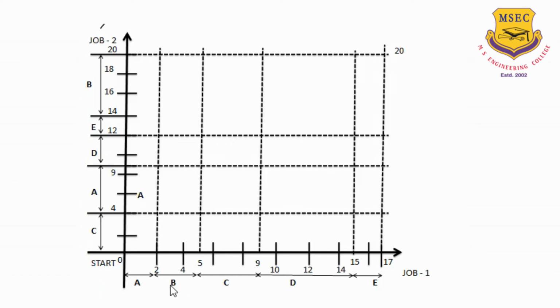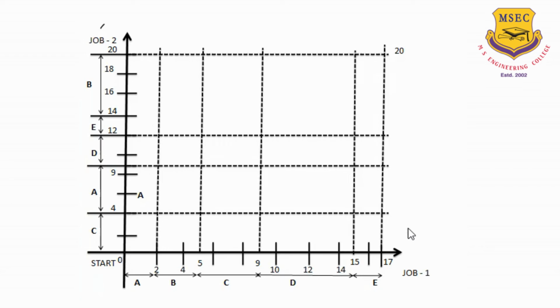If job 1 has to be completed on all these machines, it's going to take 17 units of time. Similarly, for job 2, if it has to be completed on all the machines, it's going to take 20 units of time. So we mark all the jobs with the corresponding time they take on these machines, and get this particular graph ready for our processing.